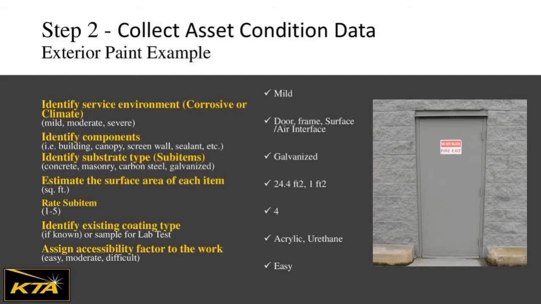In this case, we've got some acrylic and urethane at the surface to air. And then accessibility to the work. In this case, it's easy to access, but in some cases may not be, and that obviously affects the cost of the maintenance work.